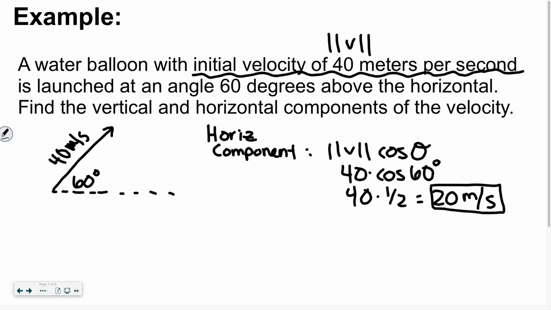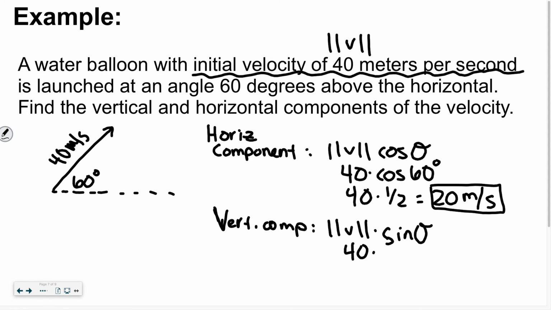And then I can do the same for the vertical component. So that'll be magnitude times sine of theta. So 40 times sine 60. And that's got to be what? Square root 3 over 2?